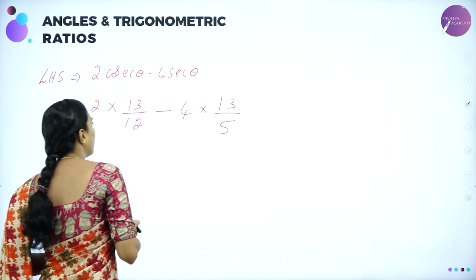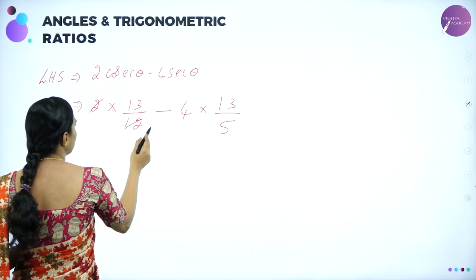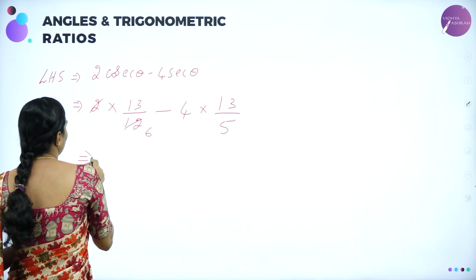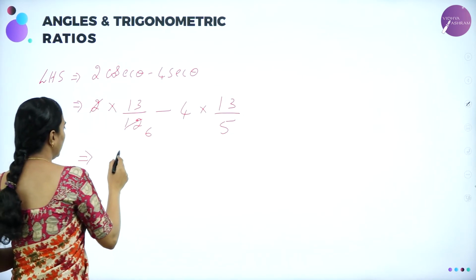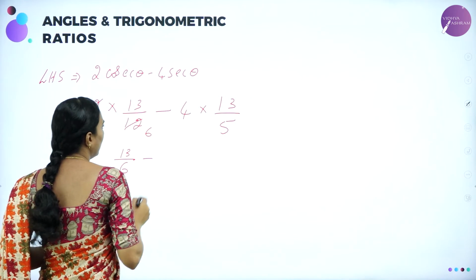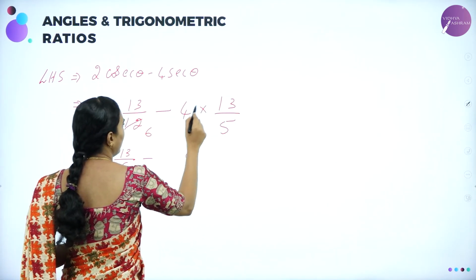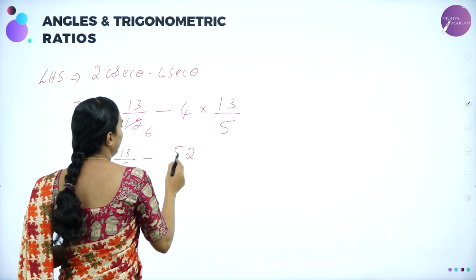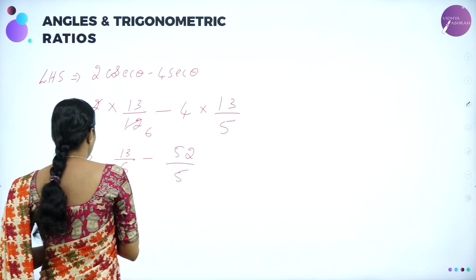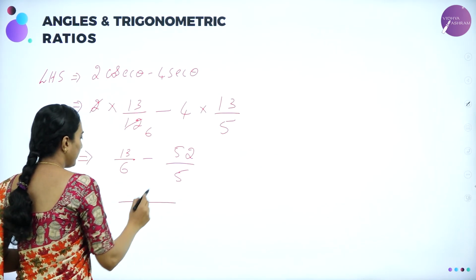So the answer you are going to get here: 2 sixes are 12, remaining is 13 by 6, minus 4 into 13 is 52 divided by 5. Now the LCM will be equal to 30. So 6 fives are 30.